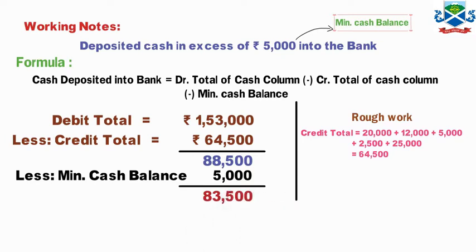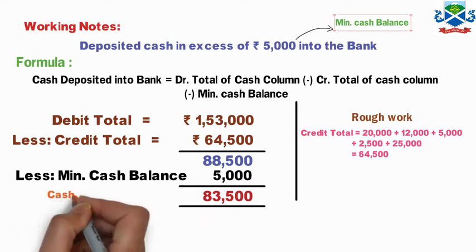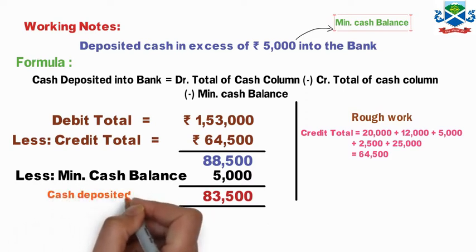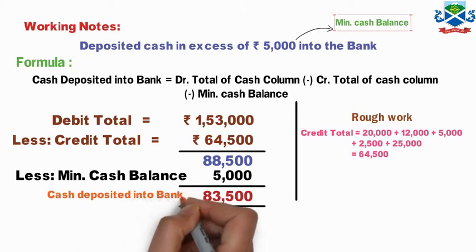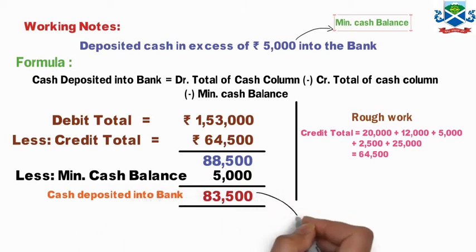This 83,500 we have to do as a contra entry, cash deposited into the bank. So cash deposited into the bank is 83,500, which is a contra entry, as we learned from here.